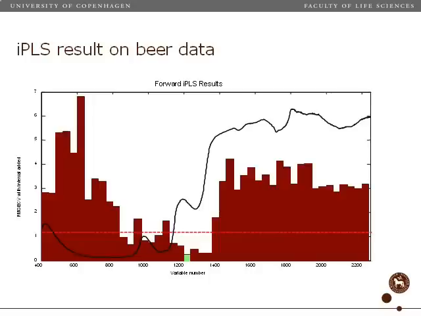Here is the result of using iPLS on the beer data. On the plot we see the average spectral profile, just to have an idea about where we are in the spectral range. And the red line, that's the error that we get if we do cross-validation on the whole dataset. Furthermore, we see the result of doing a local PLS model in each of the smaller intervals.